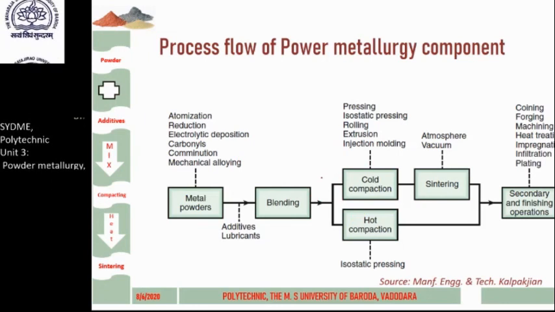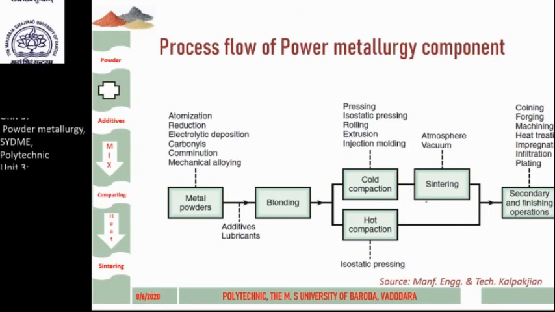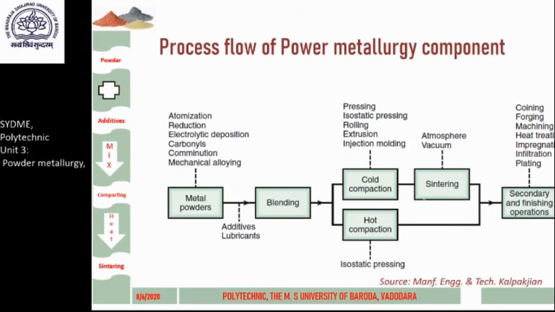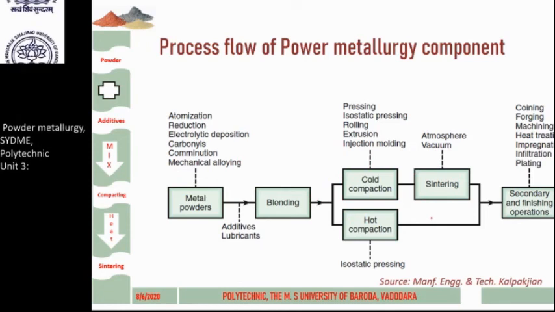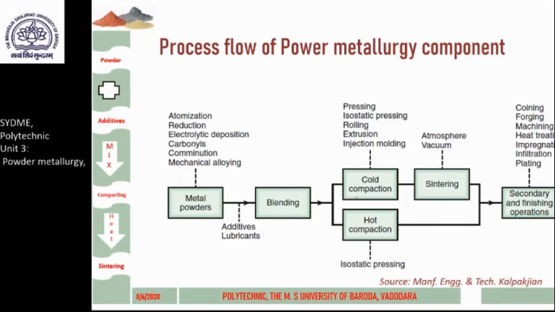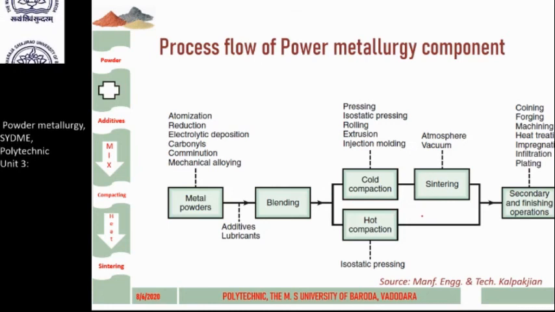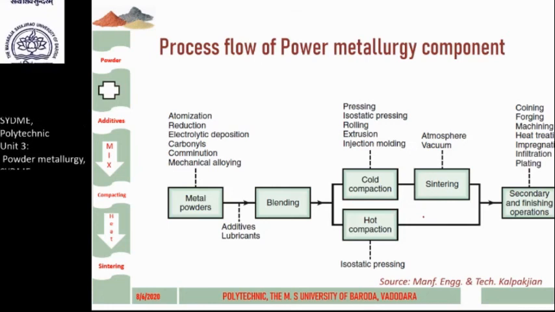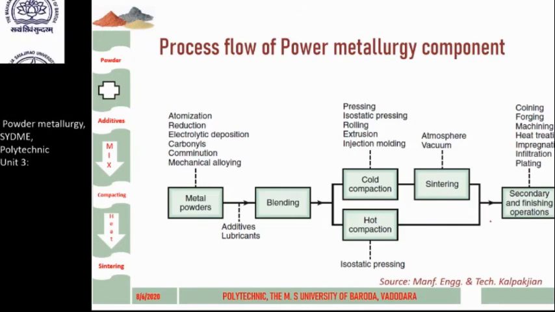Thereafter, finally, the sintering process is done, and it is a very important process wherein the final shape which has been achieved by the component by die compaction comes to solid state bonding, or it is bonded in the solid state.